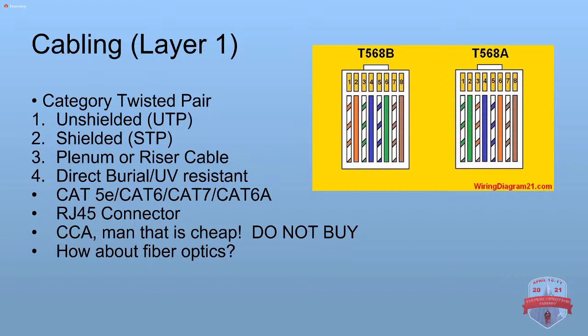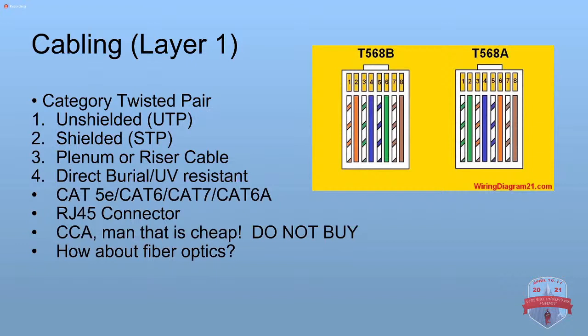CCA, copper-clad aluminum. This is basically a cable that is made out of aluminum and dipped in copper. It is the cheapest cable on the market. You're going to think, oh my gosh, I found a deal. But if you find CCA, do not buy it.